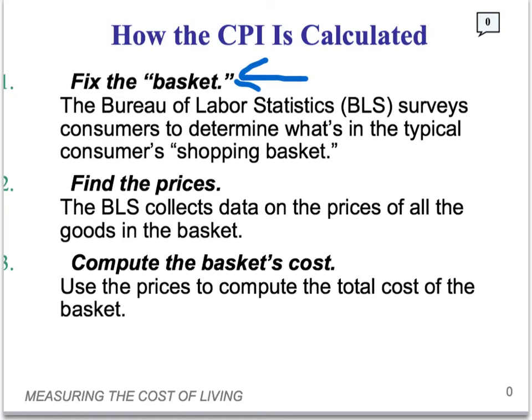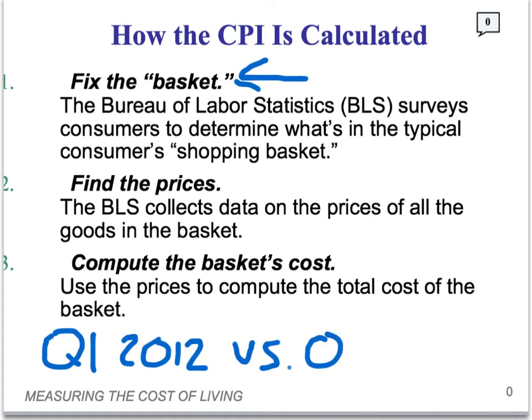They'll go to gas stations, see the price of gas. They'll look at housing numbers, see the price of housing, and they compute that basket's cost. Then they'll look at the price of that basket from, say, quarter one of 2012, and compare it to quarter two of 2012.